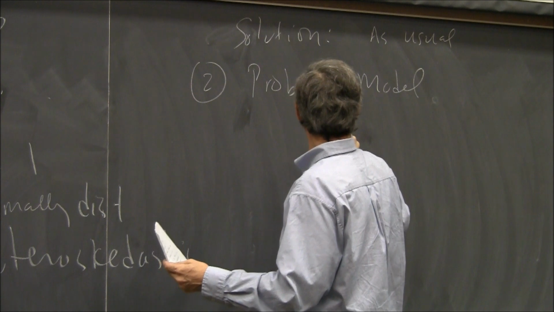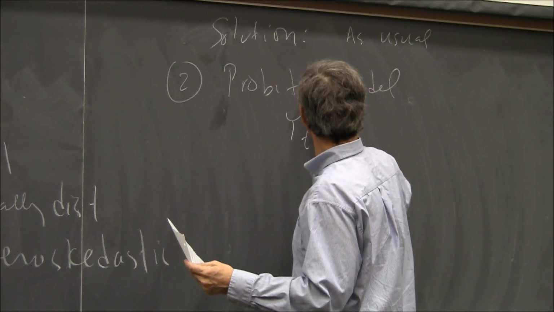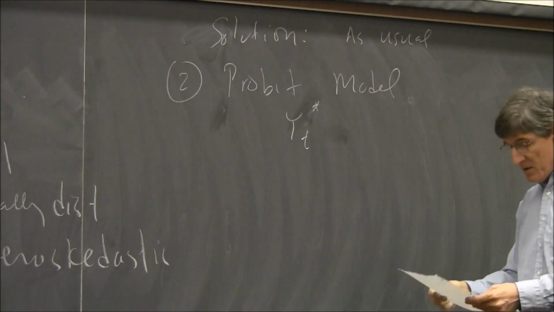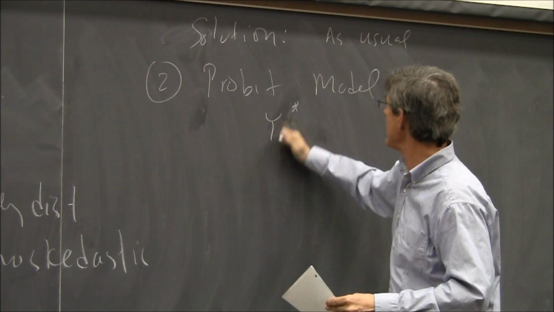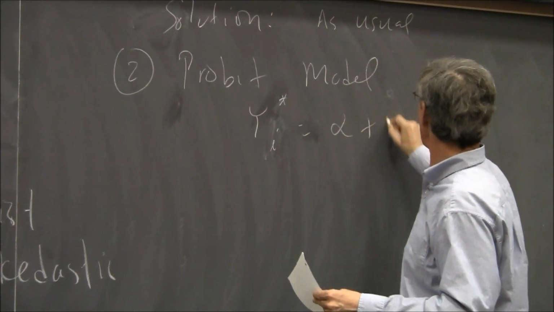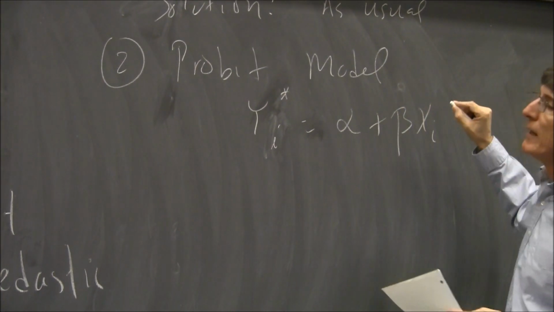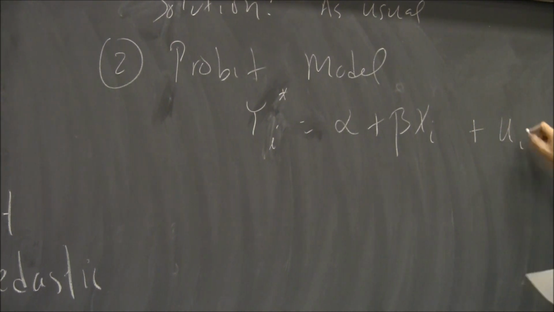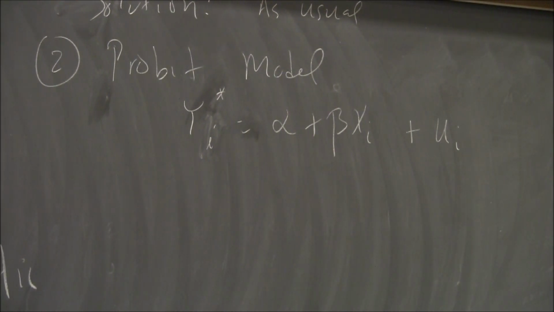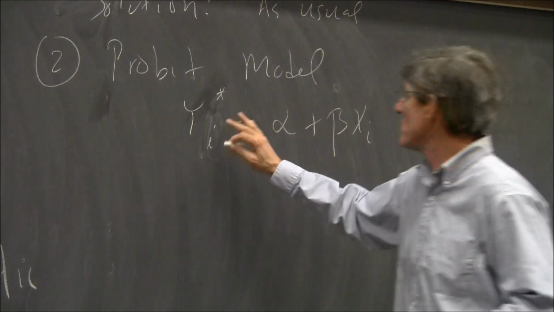We start off with these kinds of models with some unobservable y. So y_i star is alpha plus beta x_i plus u_i. And the way we model the choice in this regression, we're actually modeling the choice.